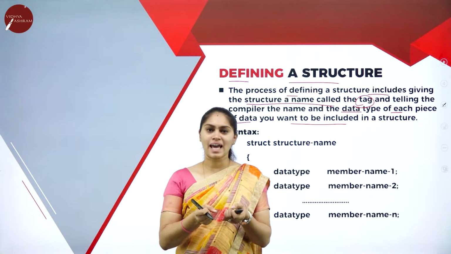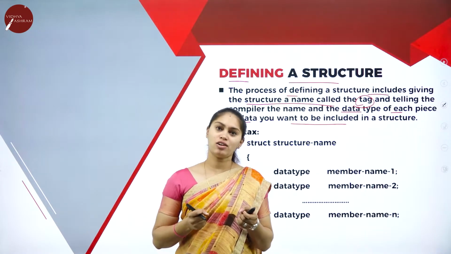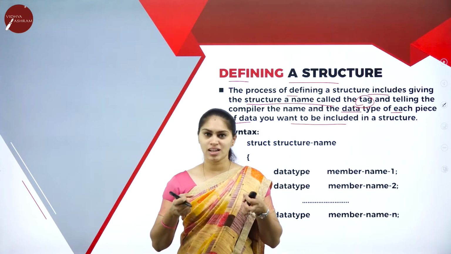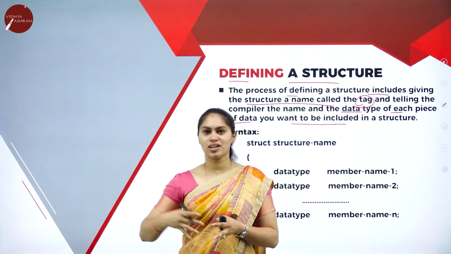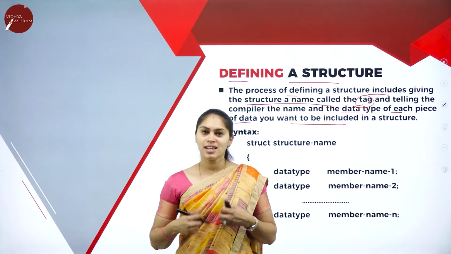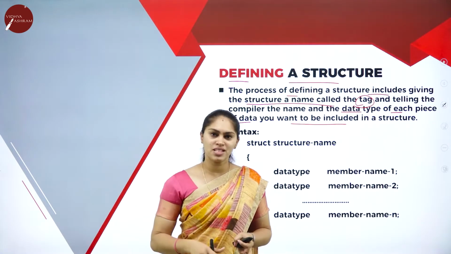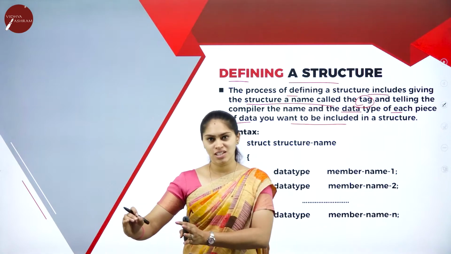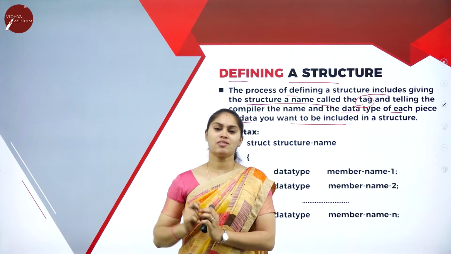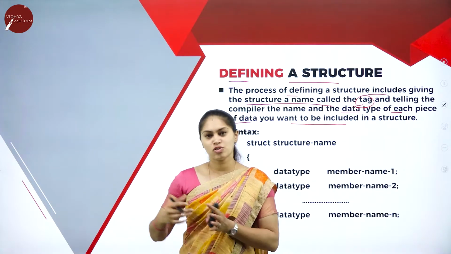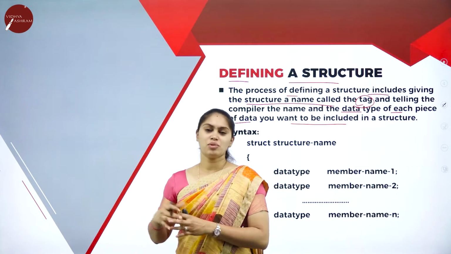So if I am carrying a basket, I have to say what kind of basket it is, whether it is a jute basket or a plastic basket. I have to specify the name of a basket, and I have to specify whether it belongs to vegetables. If yes, then what is the vegetable name? If it belongs to the fruits category, then what is the name of a fruit?